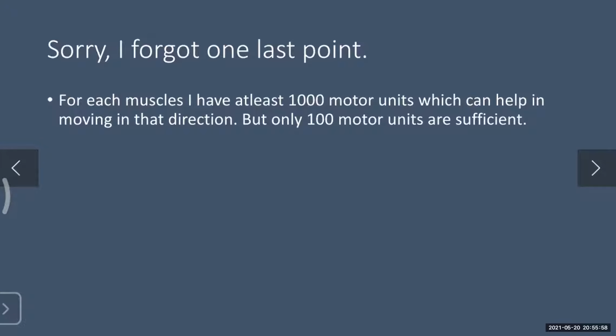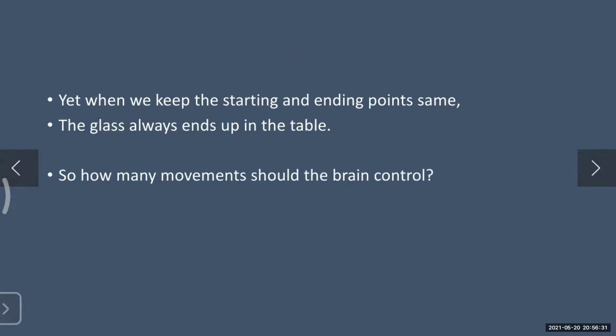So when you go from the muscle to the motor unit, what we see is point with so much ease, right?